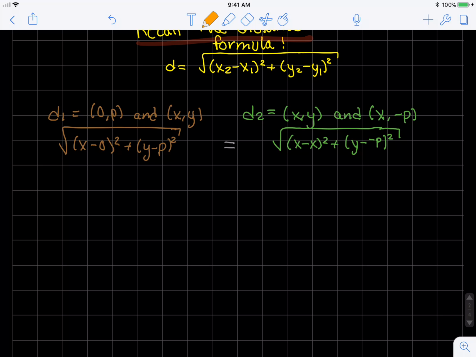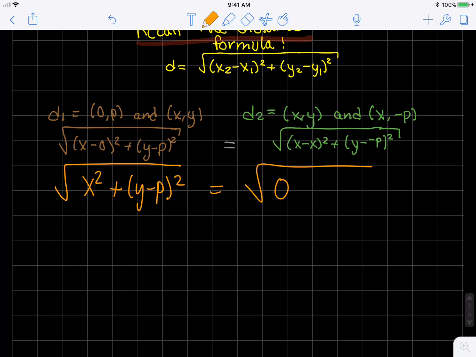So (x − 0)² + (y − p)² is equal to (x − x)² + (y − (−p))². So from there, we have the square root of x² + (y − p)² equal to the square root of 0² + (y + p)², right?